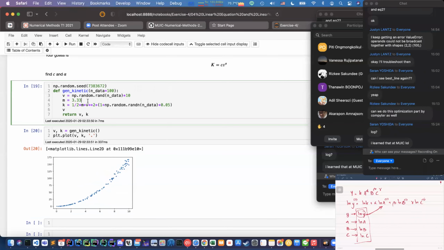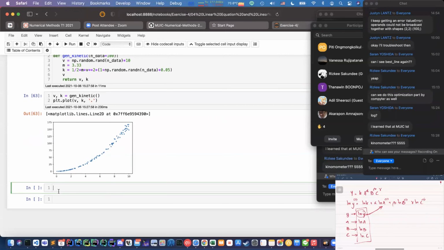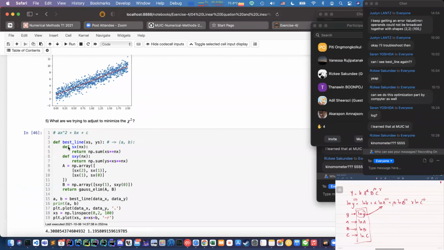So here's what you do. You have V and K. Maybe kinemometer might be a word, I don't know. So you have log of V, which you can do with np.log of V, and np.log of K, the kinetic energy. And we're just going to copy the baseline over here.